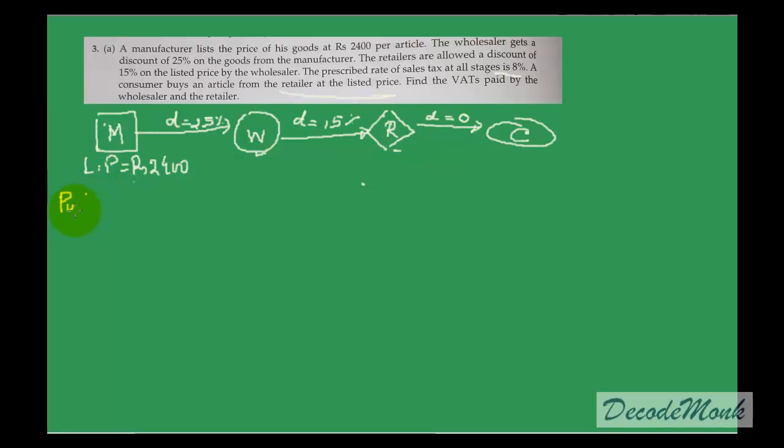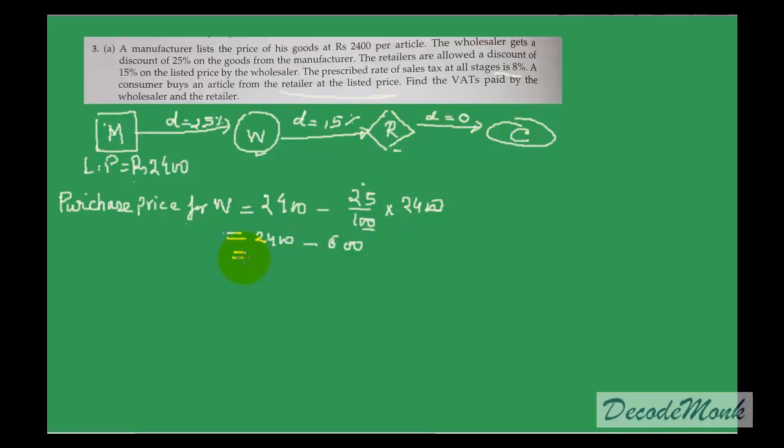First of all, we need to find the purchase price for the wholesaler. Purchase price for wholesaler is equal to 2400 minus the discount of 25%. That means 25 upon 100 into 2400. To solve it, the zeros cancel, and 25 into 24 gives you 600. 2400 minus 600 will give you 1800.